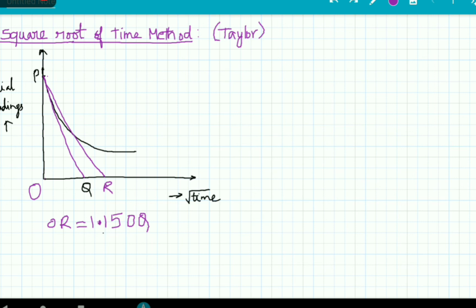Now take point S, which is the intersection of PR and the consolidation curve, and the x coordinate of S is nothing but square root of T90, that is square root of time for 90% consolidation.